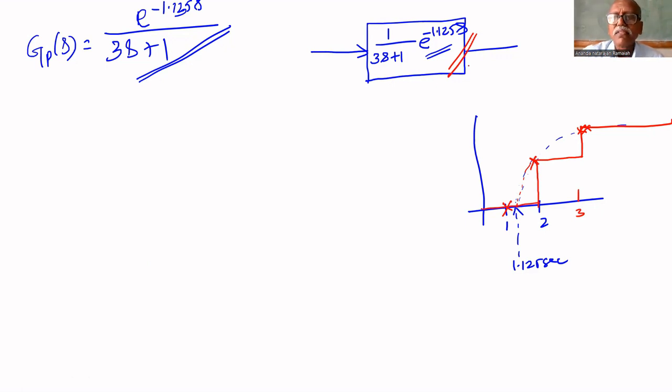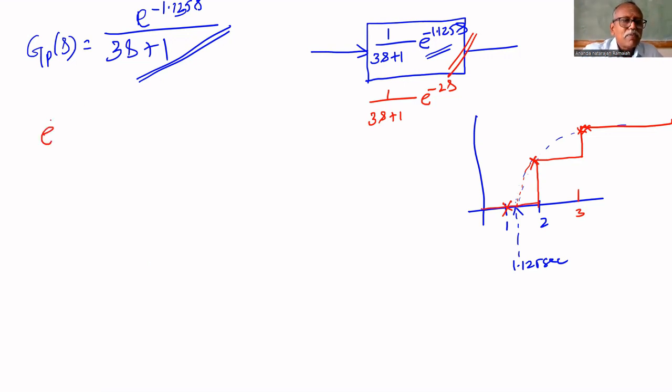Therefore, this can be approximated to 1 by 3s plus 1 e power minus 2s. Why am I approximating like that? Because we see the response only after 2 sampling periods. But while finding HGP of Z, if you consider 1.125, you cannot find the conventional Z transform, because the sampling period is 1 and this is a fractional value of the sampling period.